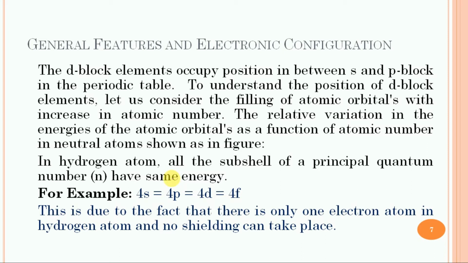In other words, the energy level in hydrogen atom depends only on the principal quantum number, that is n, and it is independent of the number of electrons.